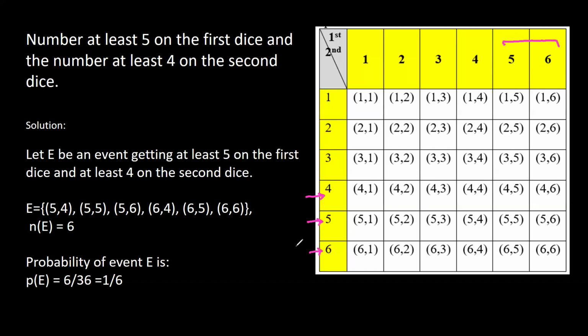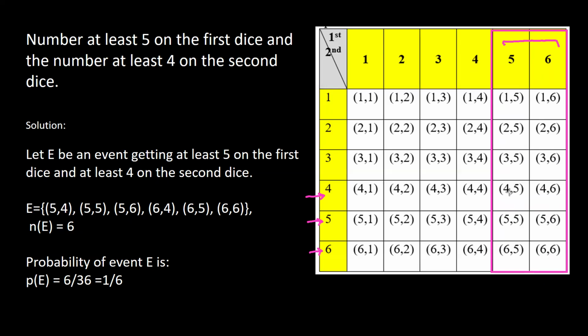Now the required result is that if I make a separation, for die number 1 we should have all these possible outcomes, where the number should be 5 or 6. In this box you will see all the numbers which are 5 or 6 mentioned in each ordered pair for die number 1.